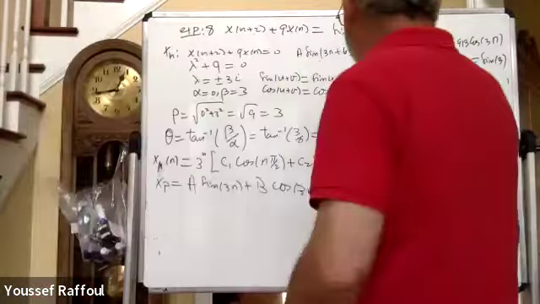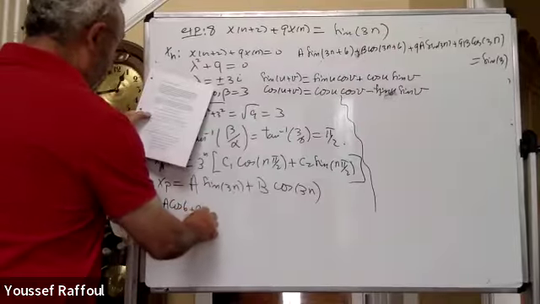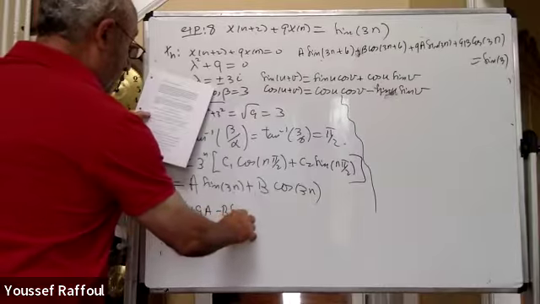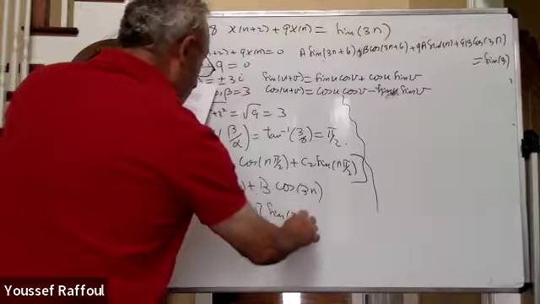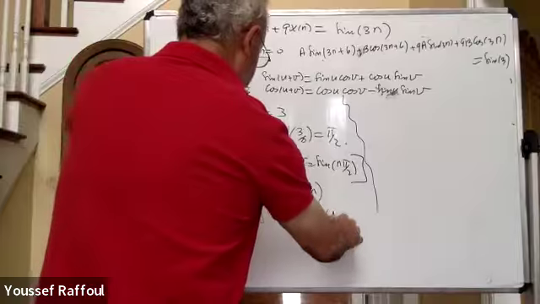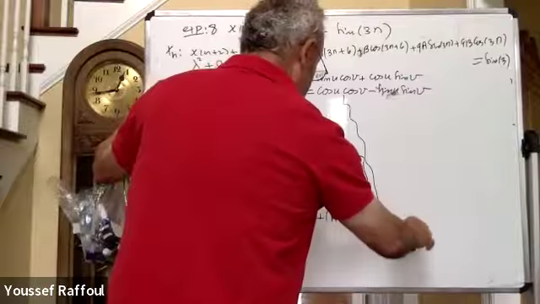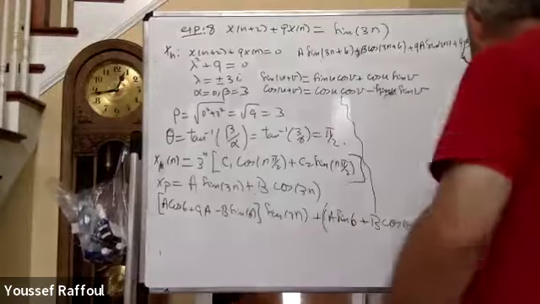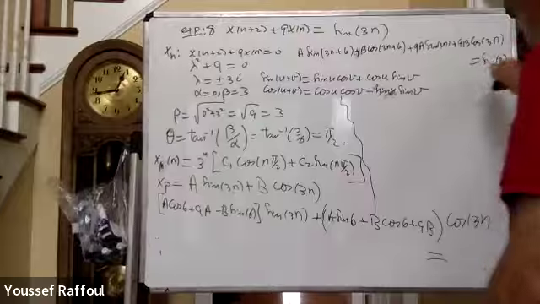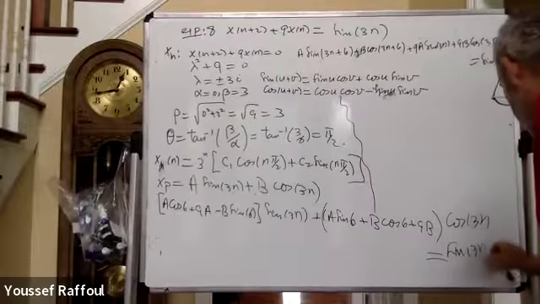So if you use everything together, I'm going to read it off my notes. You're going to have a cosine 6 plus 9a minus b sine 6 sine 3n plus a sine 6 plus b cosine 6 plus 9b cosine 3n, and the whole thing is equal to sine 3n.